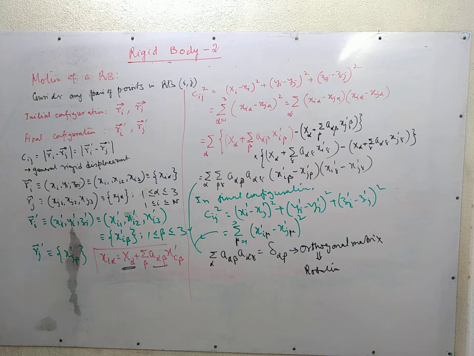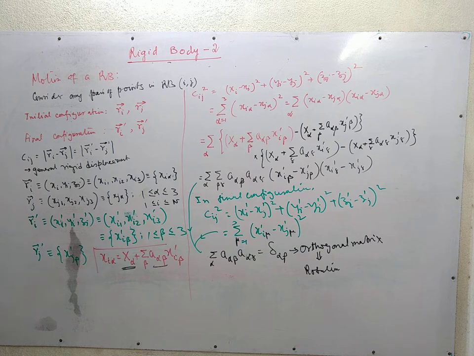In this treatment we have shown that the general motion of a rigid body can be looked upon as a combination of pure translation plus a rotation. And the rotational motion is characterized by an orthogonal transformation, and we have deduced this in a reverse way.